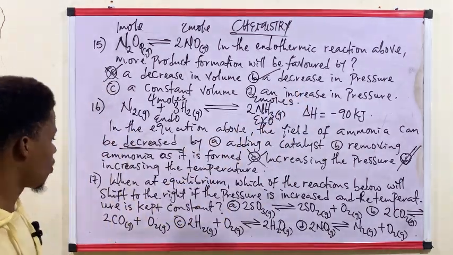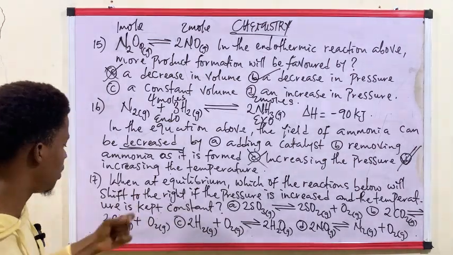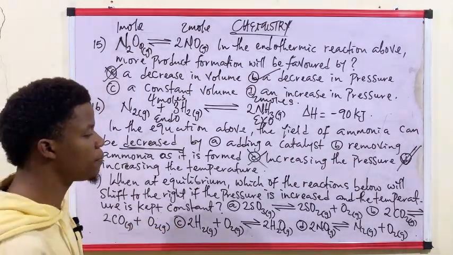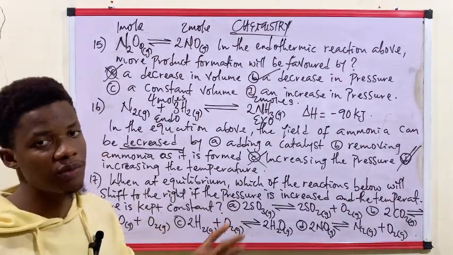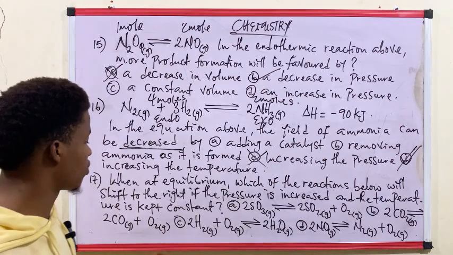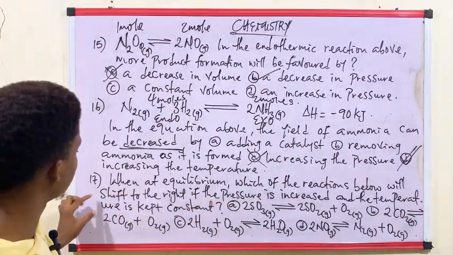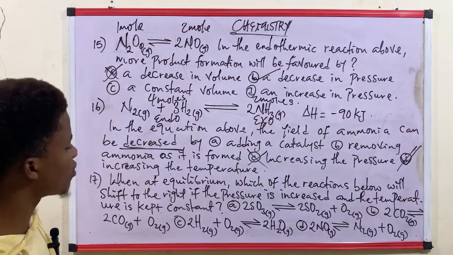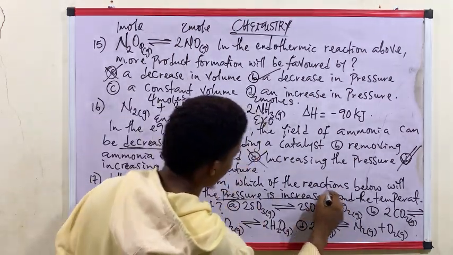All right, now question 17. When at equilibrium, which of the reactions below will shift to the right if the pressure is increased and the temperature is kept constant? So temperature is constant, we are not considering temperature, we are only considering pressure. Which one of the reactions will shift to the right when we increase our pressure?